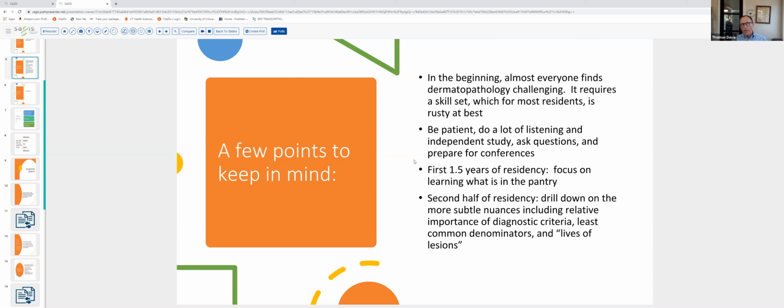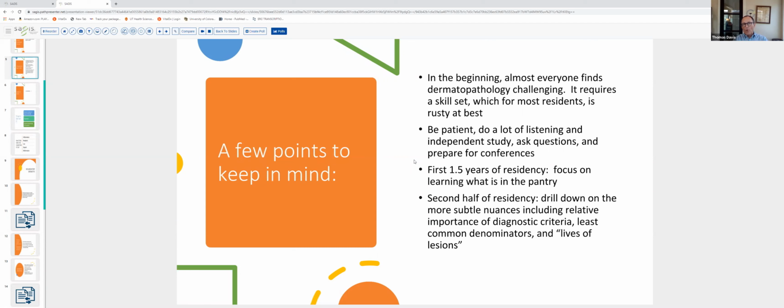In terms of thinking about the 3 years of dermatology residency as they pertain to Dermpath, in the first 18 months you're just learning what's in the pantry, or if you want to use the restaurant analogy, what's on the menu. It's in the second half of your residency that you really need to drill down on the more subtle nuances.